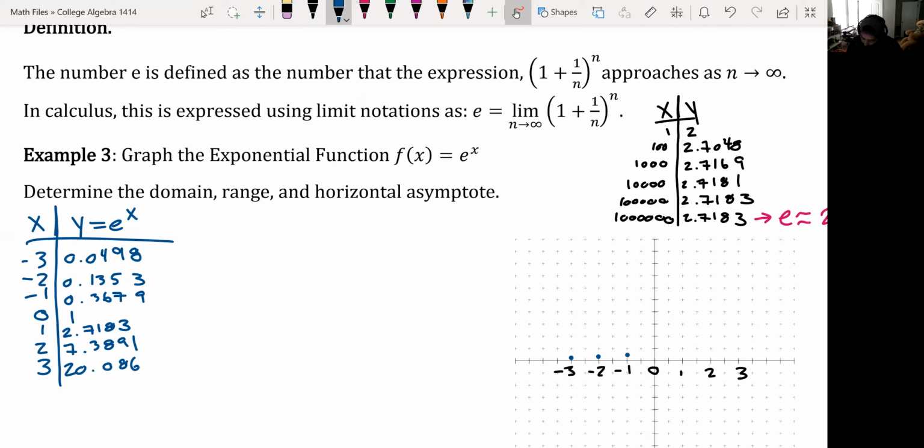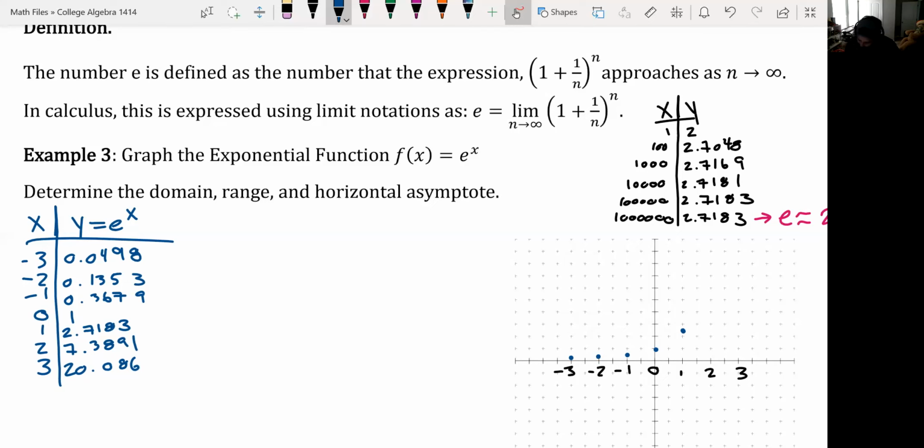And then 0, you're at 1. And then 1, you're at 2.78, the value of e. I'll just put that right below 3, if I can get it right on the money. There we go, somewhere around there.